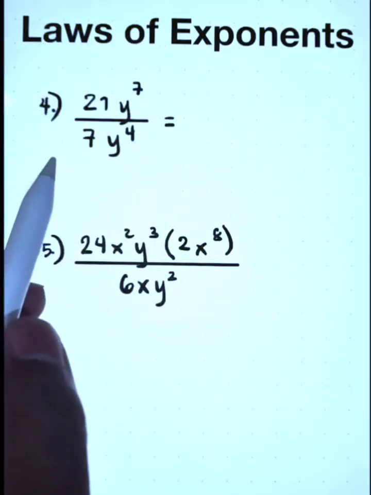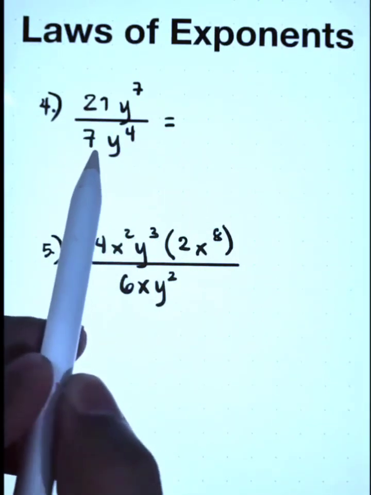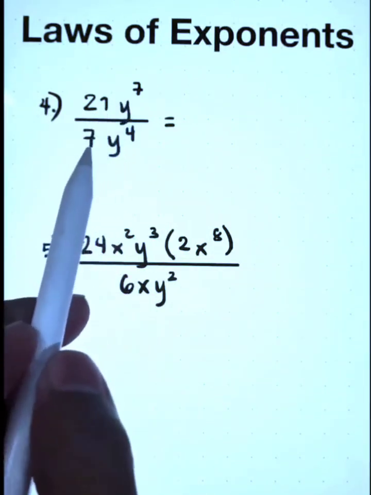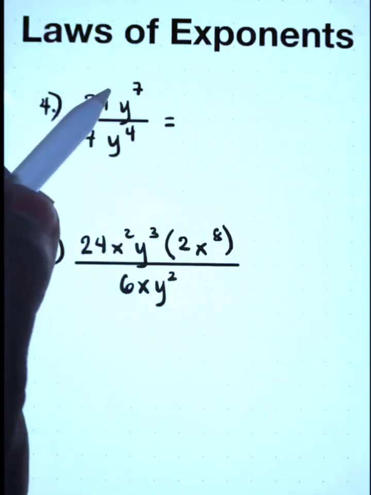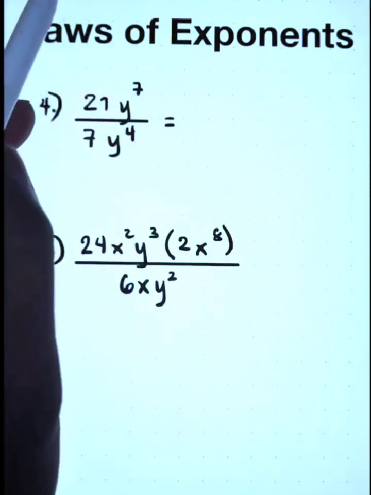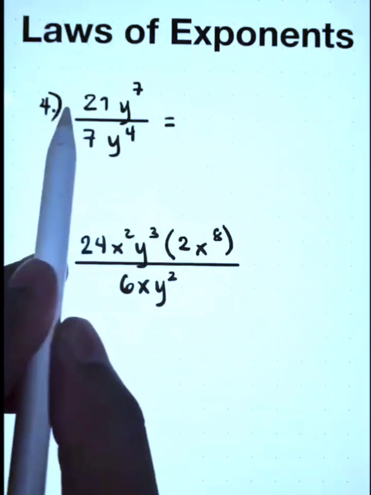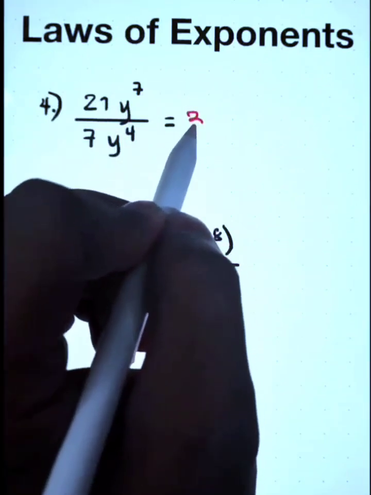Now let's go with item number 4. For number 4, as you can see, this one is a division, wherein definitely we can apply the quotient rule. We have 21 y raised to 7 over 7 y raised to 4. First, we need to simplify the coefficients. As you can see, this is 21 over 7, or in other words, 21 divided by 7, which is equal to 3.